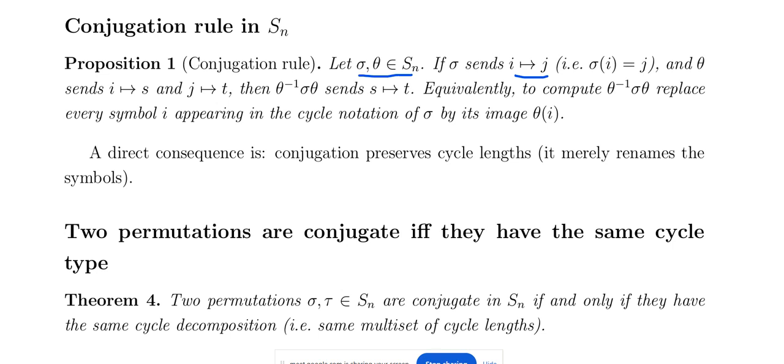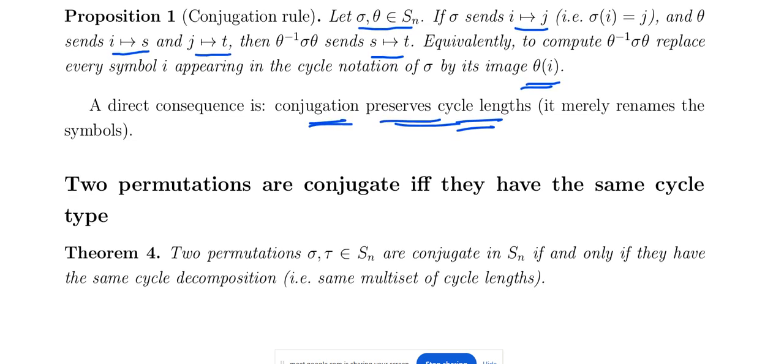And theta ன்றது since i goes to s, j goes to t, then theta inverse sigma theta, since s goes to t, that is equivalent to compute: theta inverse sigma theta replaces every symbol i appearing in the cycle notation of sigma by its image theta of i. The direct consequence is that conjugation preserves cycle length, okay. இது ஜெனரலாக நம்ம சொல்கிறது Snக்கு.